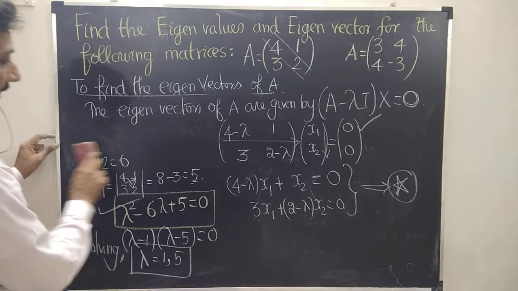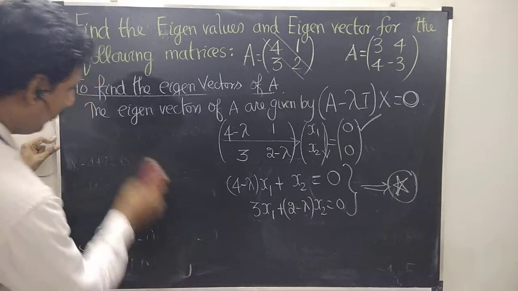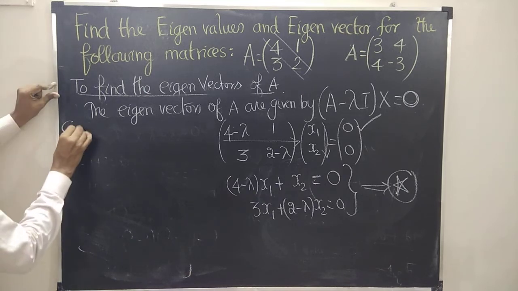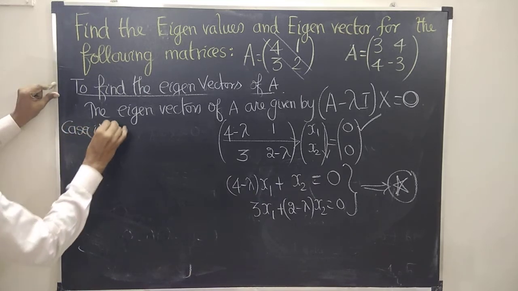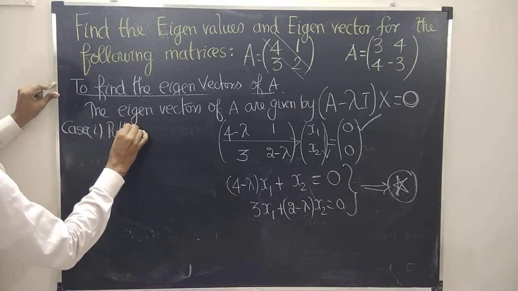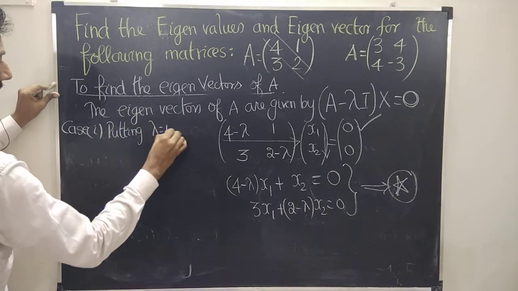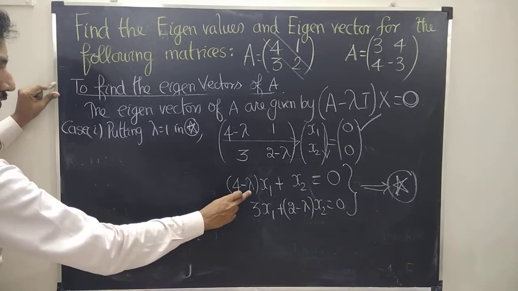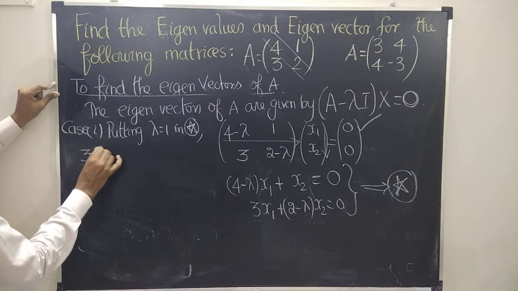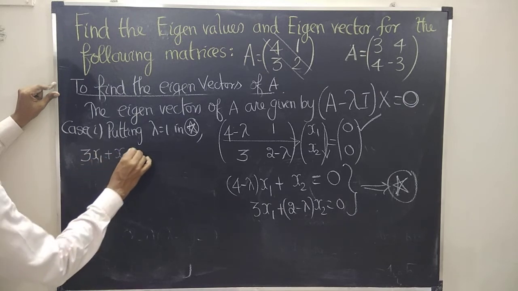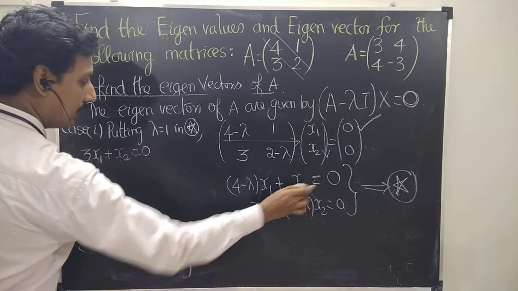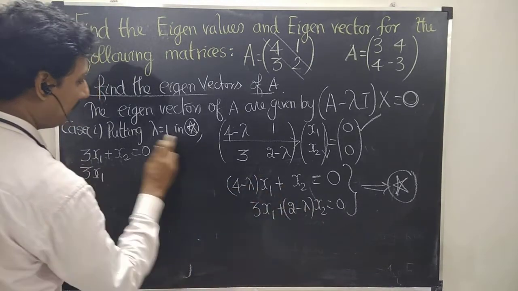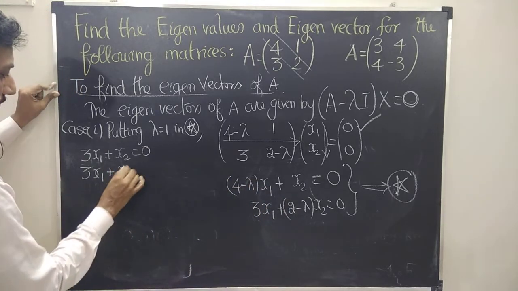Case number 1 is by putting lambda equal to 1 in the star equation. We get 4 minus 1, 3 x1 plus x2 is equal to 0, the first equation. Second equation: 3 x1, and 2 minus 1, because lambda equals 1, is equal to 1.